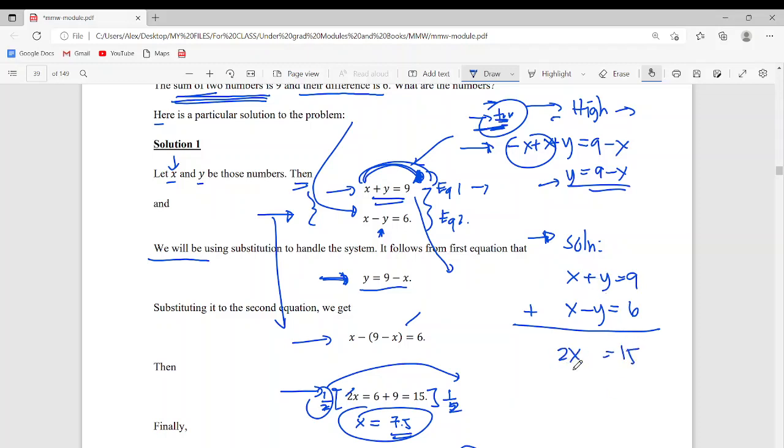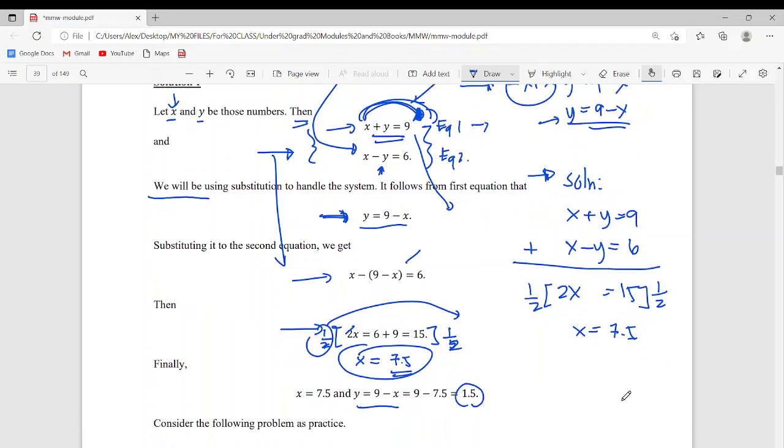We multiply both sides by 1/2 and we have x equal to 7.5. Then we can use either equation again, so we have y is equal to 1.5. We can use this style right away. Anyway, it gives the same answer.